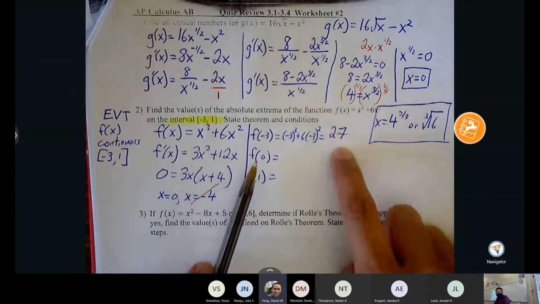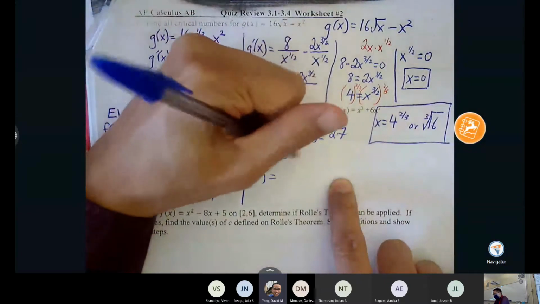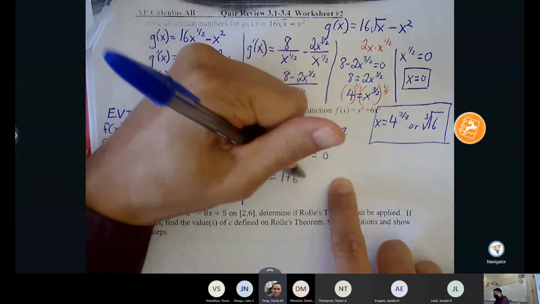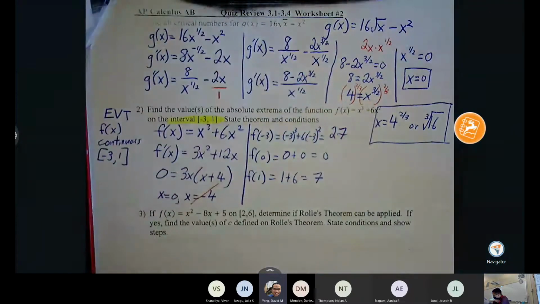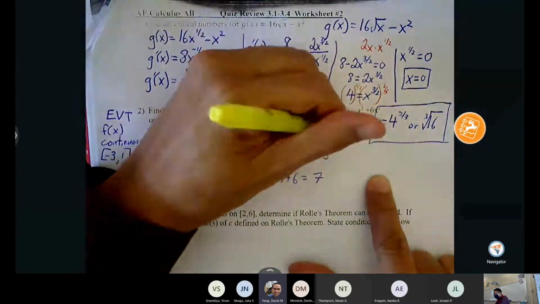We want the locations of the highest and lowest points. So our decision is based purely on our y values.